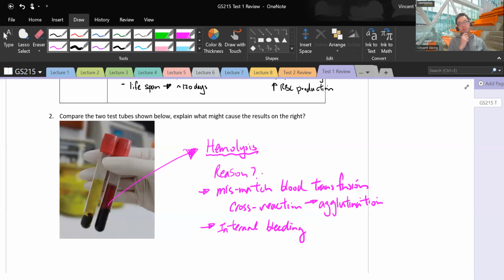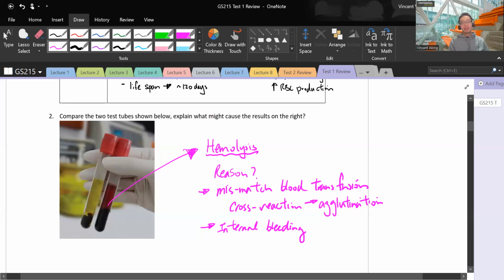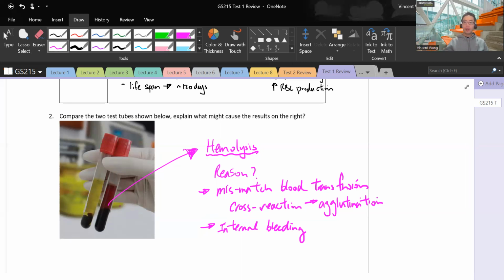Yeah, but good. Just hypothesizing here, right? We can't make an accurate diagnosis just by looking at the picture, right? There are other things that we have to look at, right? Maybe we have to look at their electrolyte concentration, right? Remember last semester we learned about those hypertonic, hypotonic, isotonic stuff, right?